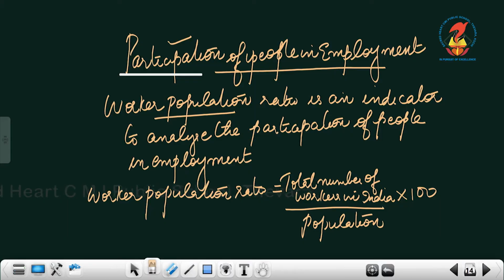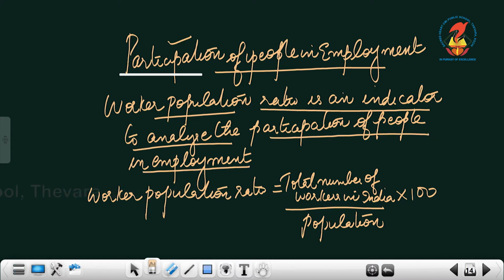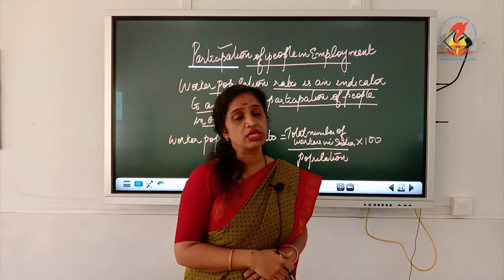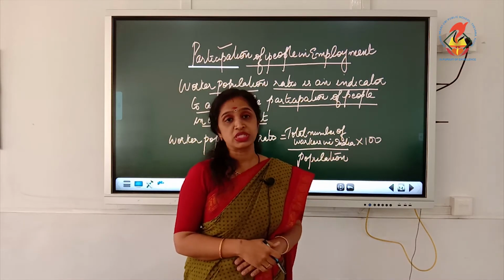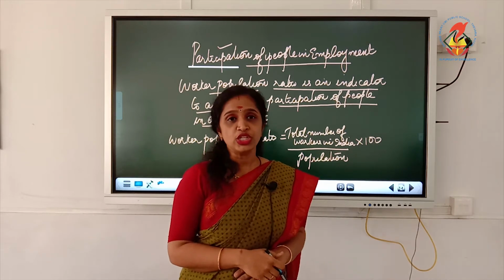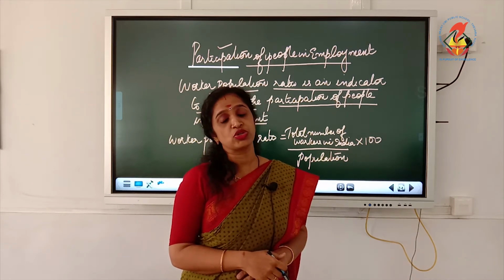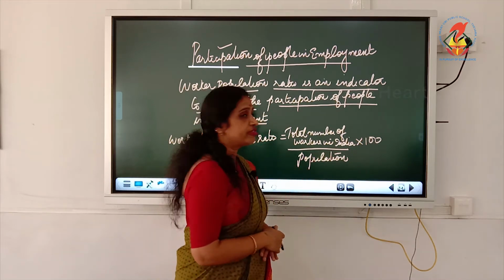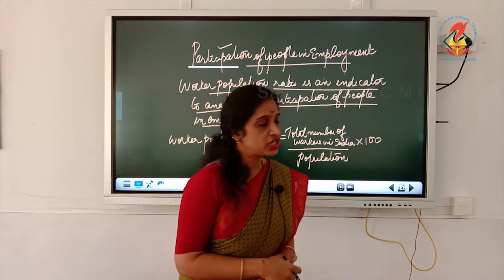Worker population ratio is an indicator to analyze the participation of people in the employment. In India, how many people are participating in the employment process? To study that, we need to understand the concept of worker population ratio. Now, how to find out the worker population ratio?